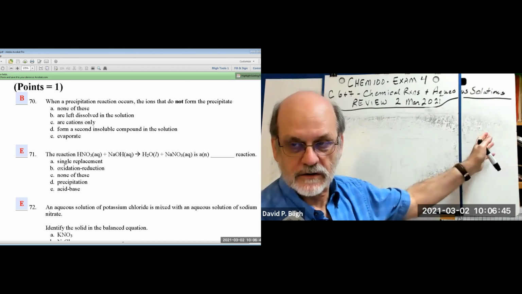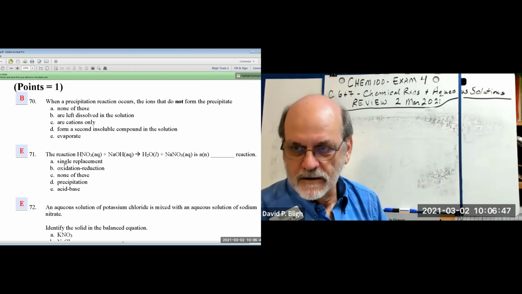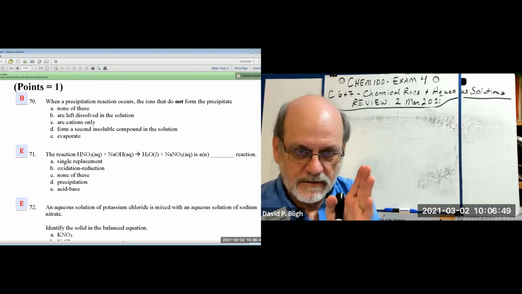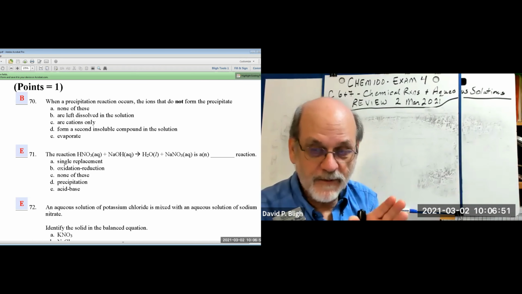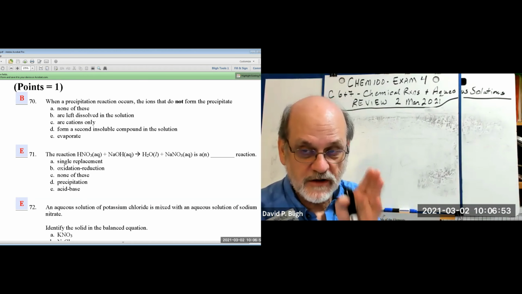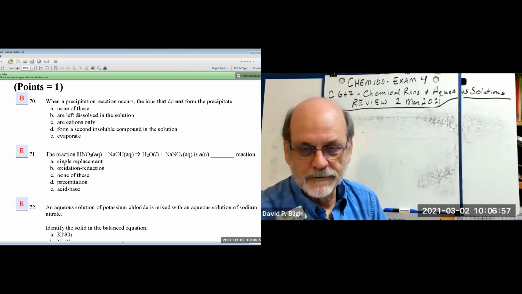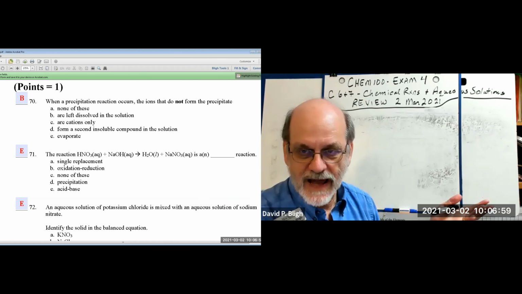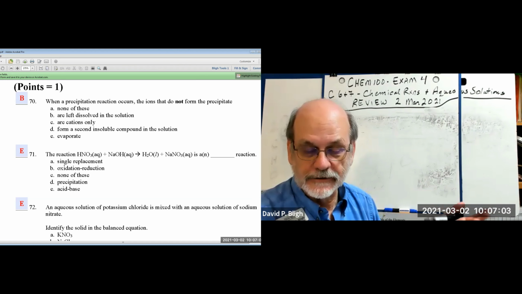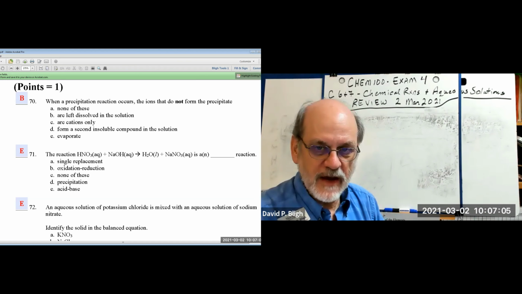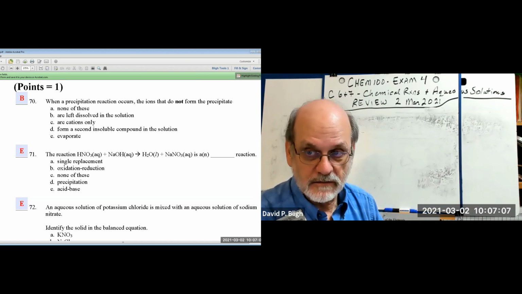They're spectators, right? The focus of our attention on that type of reaction is on the formation of the precipitate. That's what drives the reaction. The free ions floating around that don't react, they have nothing to do with the reaction. They're just there. But the formation of that precipitate drives the reaction to the product side.